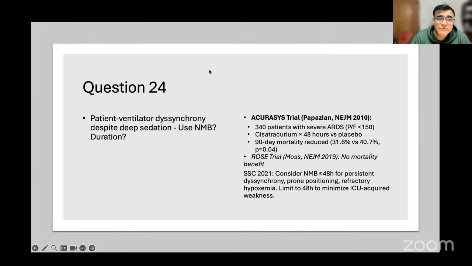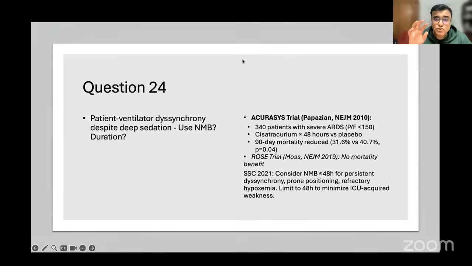So whenever you have patients who have severe patient ventilator dyssynchrony, and if they are breathing and trapping air, which will generate auto PEEP, which can increase VILI risk, ventilator induced lung injury risk, in those patients it is logical to paralyze them. But the paralysis duration has to be short because it will lead to critical care myoneuropathy or critical care myopathy.